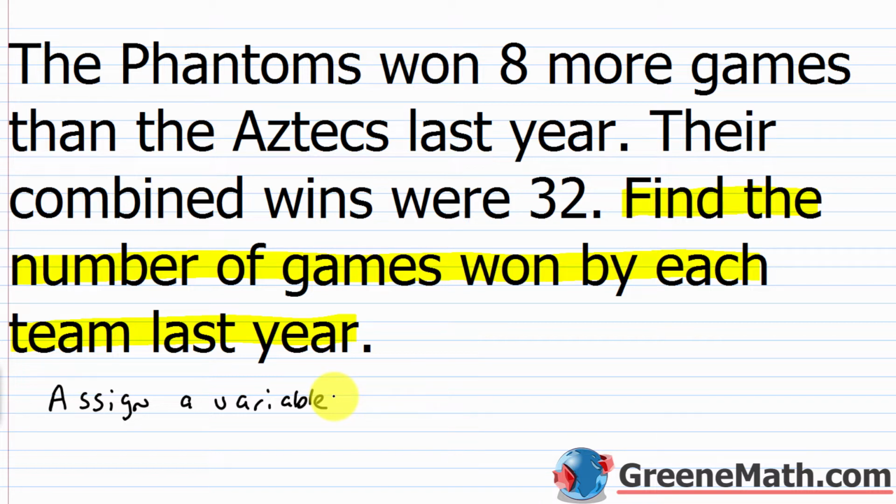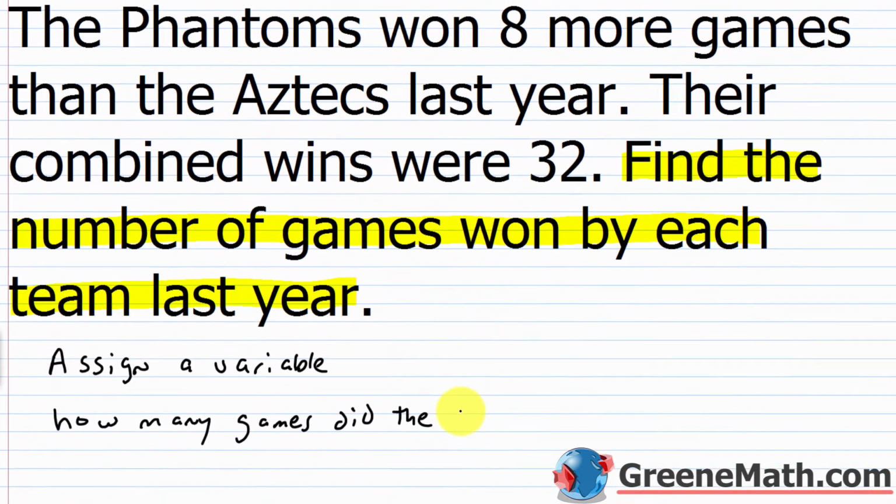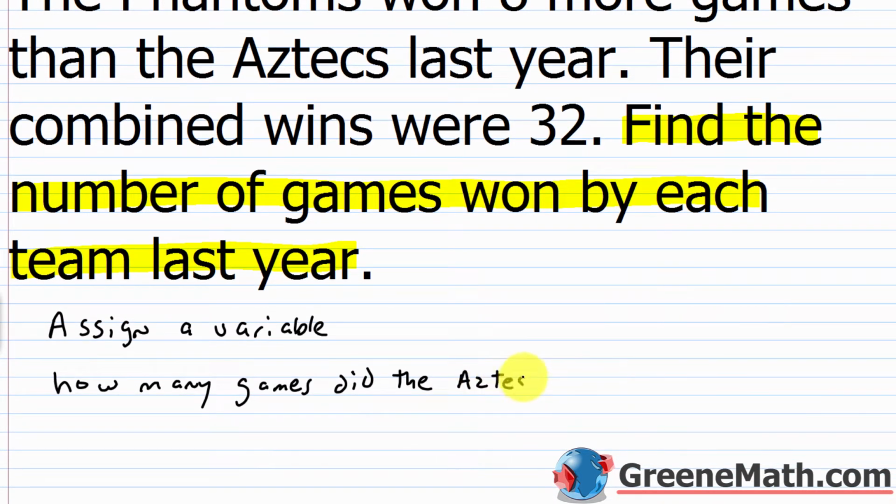In this case, we have two unknowns. And our two unknowns would be how many games did the Aztecs win? And then also, how many games did the Phantoms win?